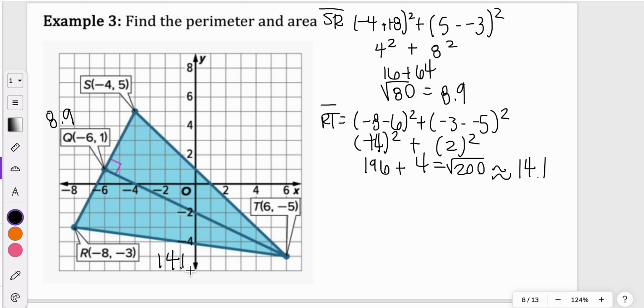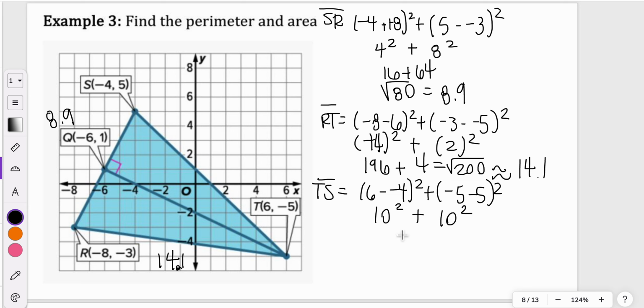And wouldn't you know, the same distance from R to T is also the same distance for T to S. So T to S, if you plug those in, 6 minus negative 4, squaring that, plus negative 5 minus 5 squared, 10 squared, and we're going to have another 10 squared. So 100 plus 100, which is 200, or 14.1.